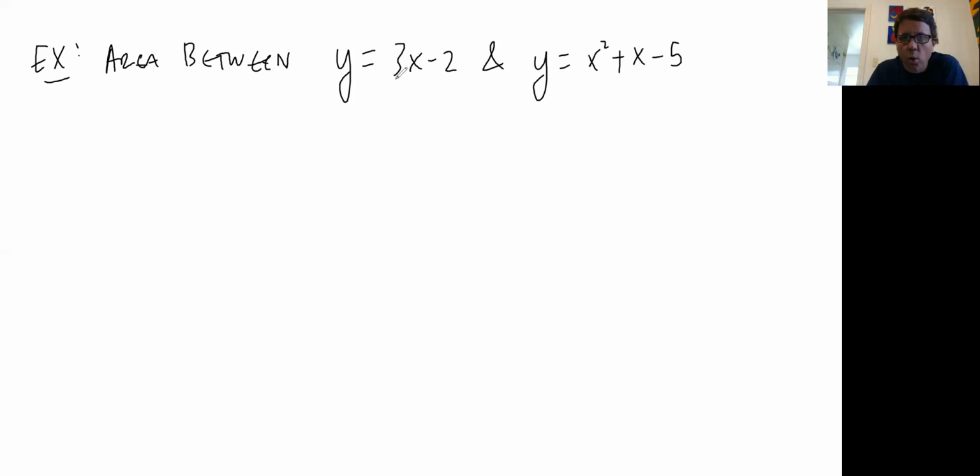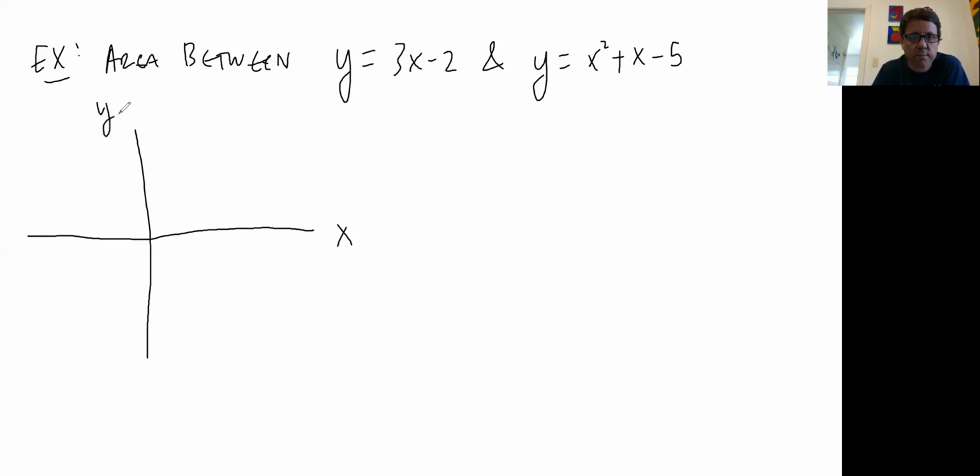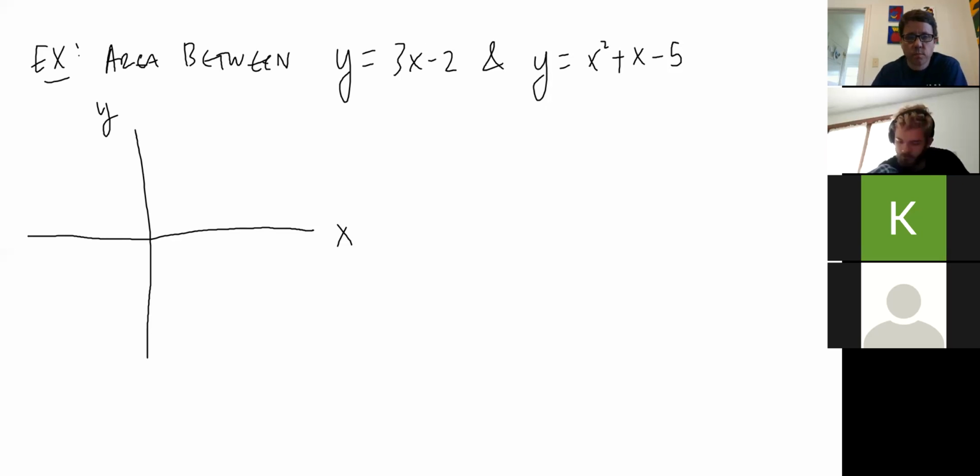Okay, so I'm a big proponent of pictures, so we'll draw a picture here. Draw each of those two graphs. So x, y. The first one, y equals 3x minus 2, is a line. So if I was to draw that line, all I need to do is figure out 2 points on it.